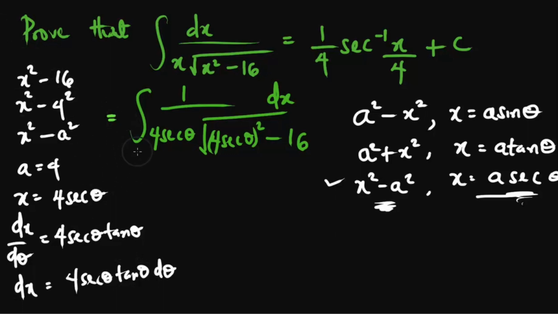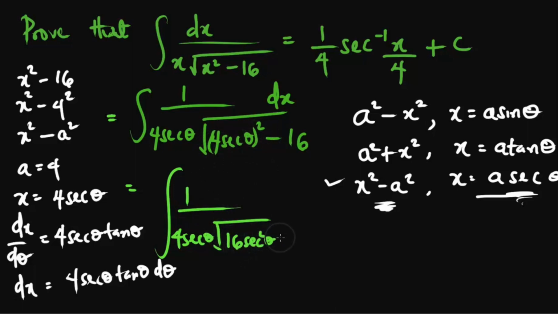So the integral becomes the integral of 1 over 4 sec theta root, 4 sec theta squared becomes 16 sec squared theta minus 16, and then dx becomes 4 sec theta tan theta d theta.